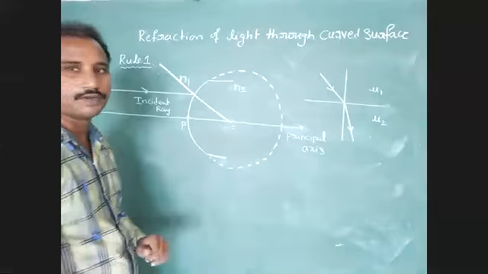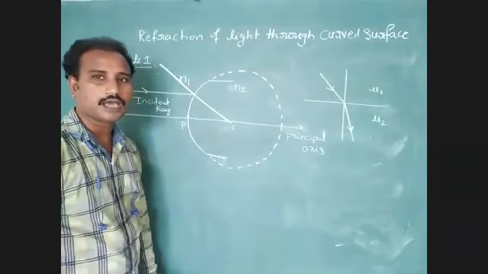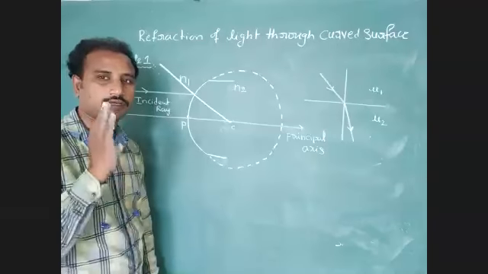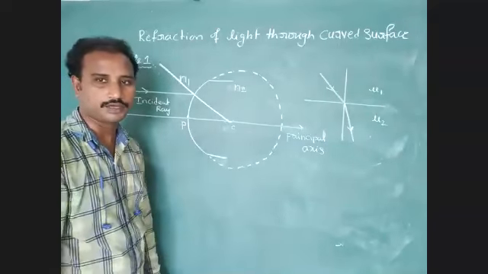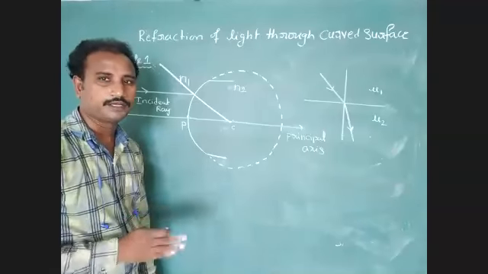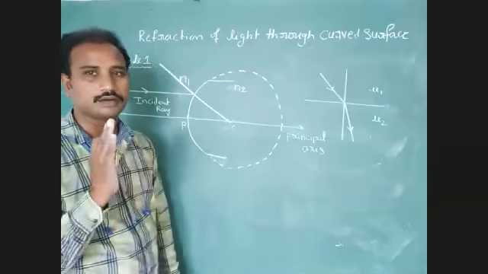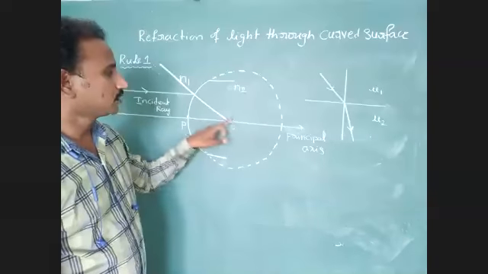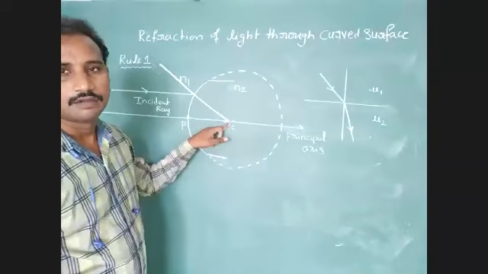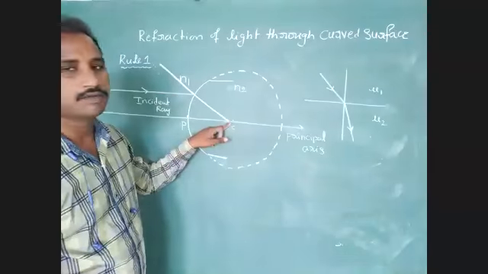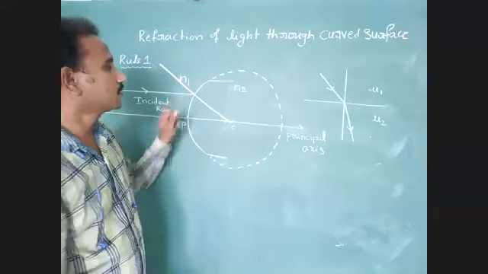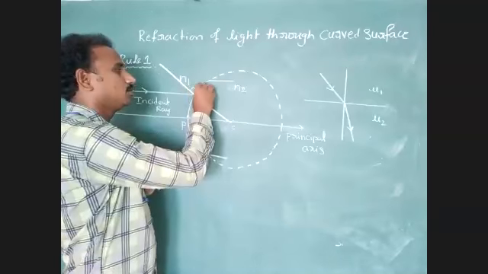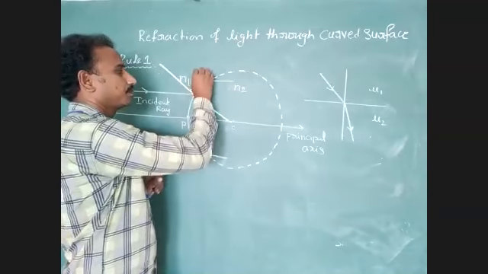This point is very, very important. We have to represent that normal for the sphere or curved surface. That normal we have to consider from the center of curvature, and it makes 90 degrees with respect to the curved surface.